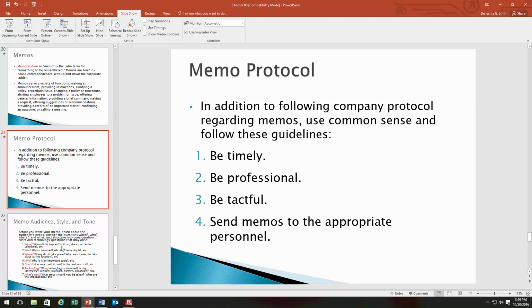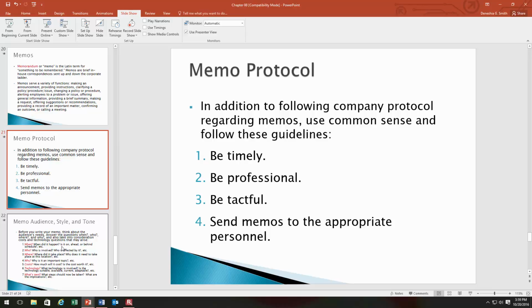Instead, you want to be timely. You want to give enough time, a couple of days out, to give them time to plan, to rearrange their schedule, to do what they need to do to prepare to be able to attend. Now, yes, there are those instances when you have emergency meetings or things happen at the last minute and you just have to kind of go with it. But typically, you should aim to be timely with your memo correspondence.